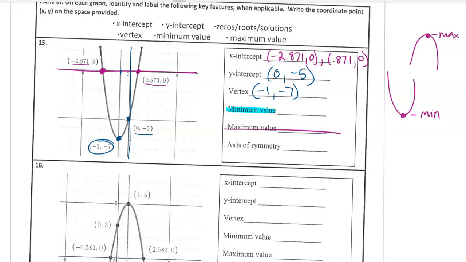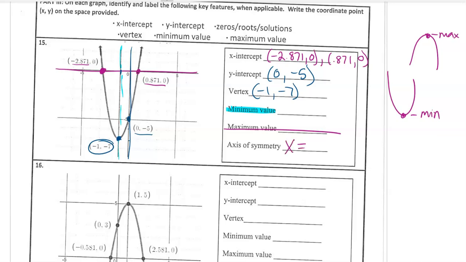All right, axis of symmetry. Symmetry, what does that mean? It means both sides are the same, right? So here is our axis of symmetry going right through the center of the parabola. When we write the equation of the axis of symmetry, this is a vertical line going through the x-axis.